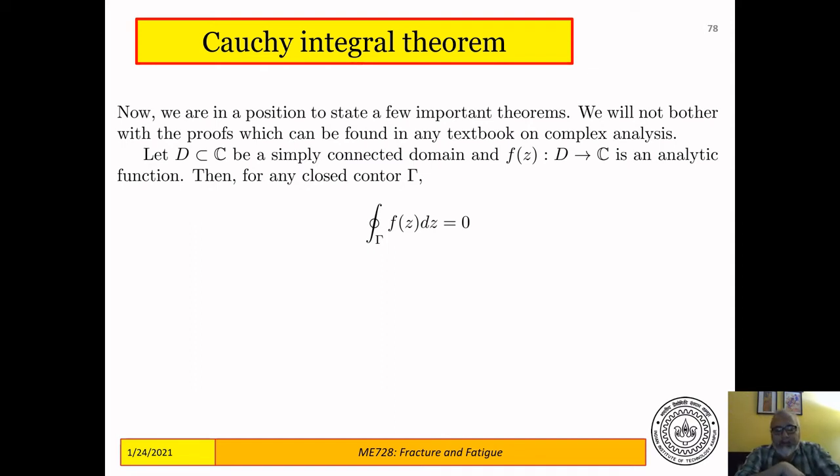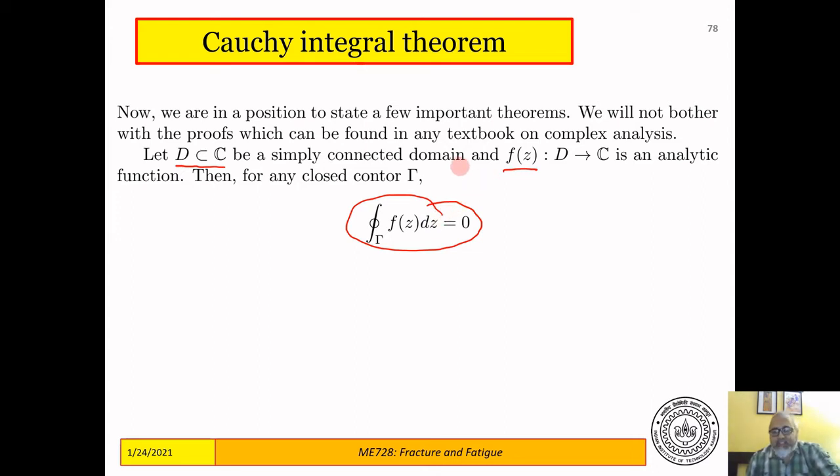So here goes the first theorem. D is a subset of the complex plane, and within this D, f(z) is analytic. Then if you take any closed contour gamma, and take an integral over this closed contour, that integral will always be equal to 0.